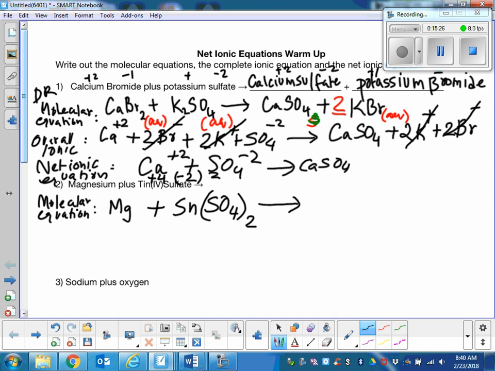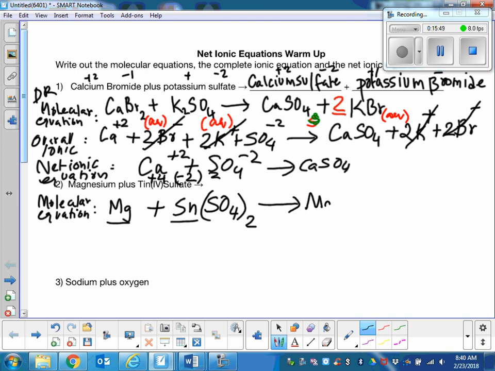So there are two metals here. Which is the more active metal? Magnesium is more active. So will sulfate prefer the company of magnesium? Right? Will the reaction happen? Yes. The reaction will happen.